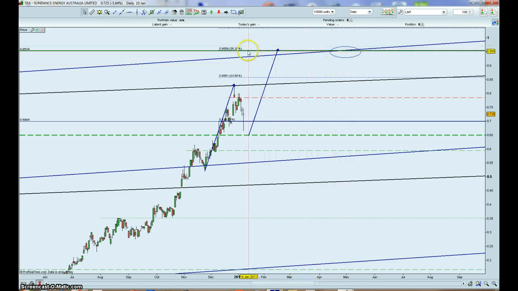And I think the fact that it is the upper blue tine, and it is the 38 fib, is a good argument for that being the next target. Plus the fact that they've just jumped into bed with some very significant players.